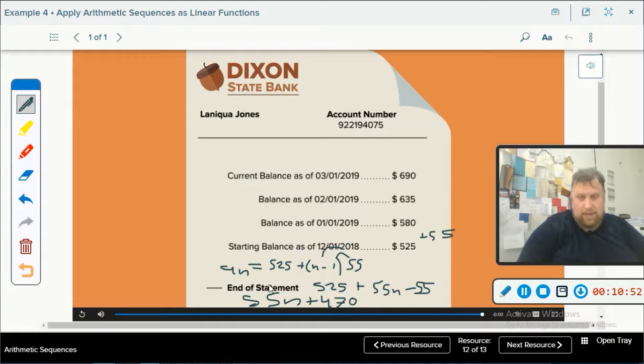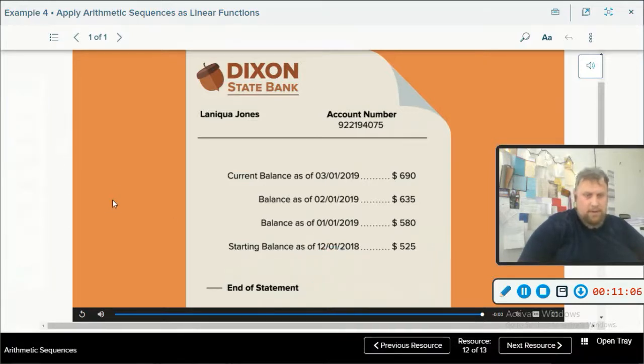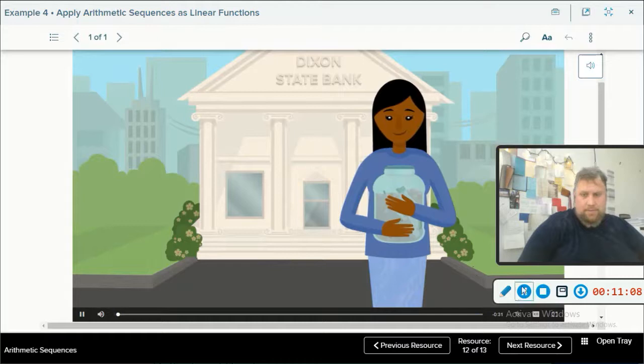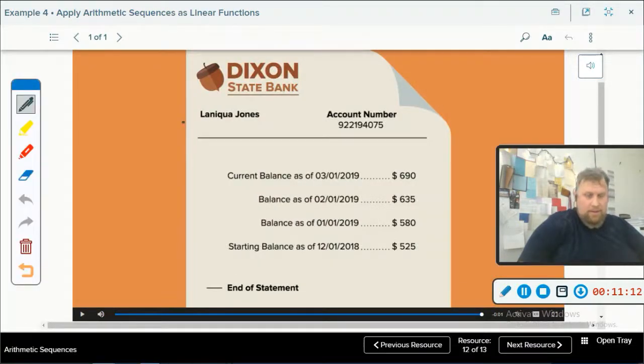And we can try that out. If I want the fourth term, I'm going to have 55 times 4 plus 470.